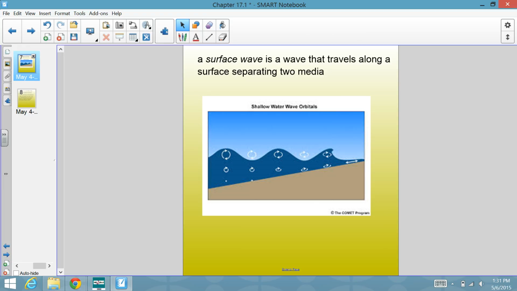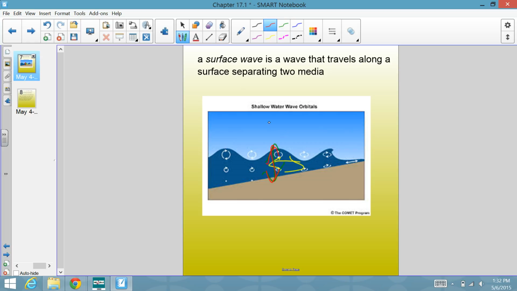So a surface wave is a wave that travels along a surface that separates two mediums. So there are surface waves that could be between air and water. There are surface waves that can be between water and a solid, like ground. And what happens is not only does the material move side to side, like in a longitudinal wave, it also moves up and down, like in a transverse wave.